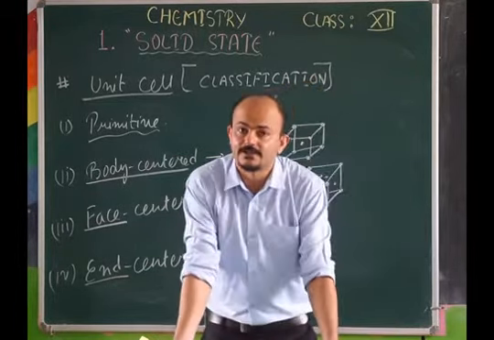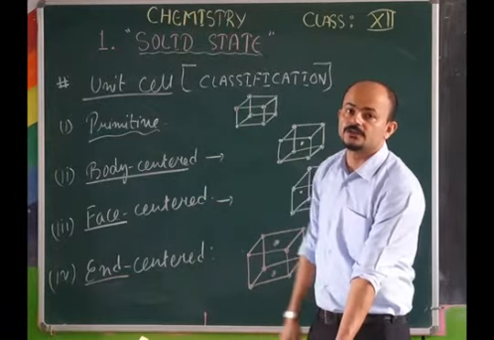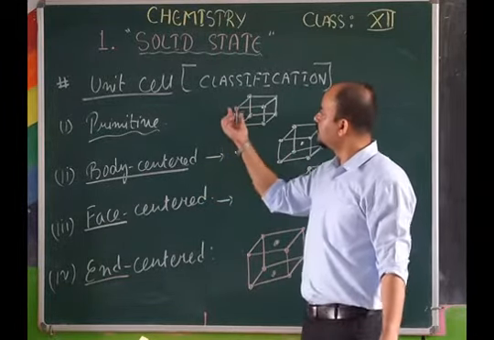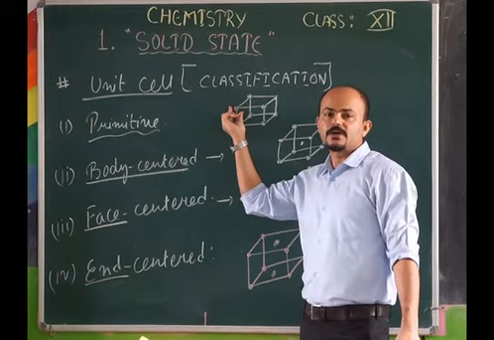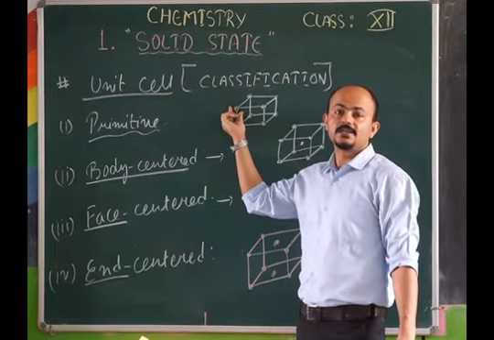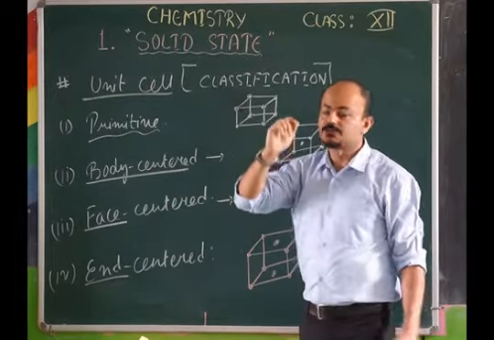Please refer for this particular discussion to the diagram given in the book also. So as I told you, this particular atom or the constituent particle at the corner is shared by 8 cubes.